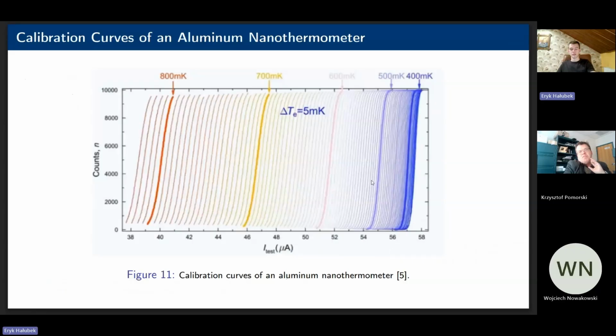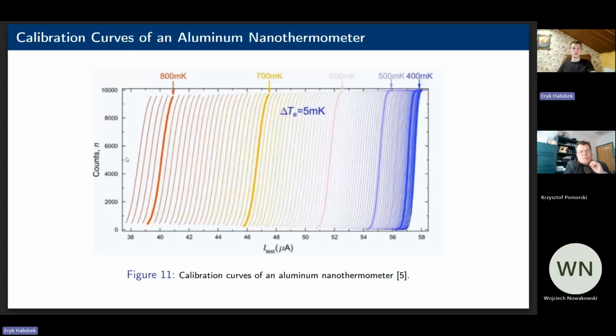So here are the calibration curves of an aluminum nanothermometer, where you can see that at a high temperature, let's say 800 millikelvin, the switching current is around, let's say, 40 microamps. So that is the current at which the probability of switching is 50%.